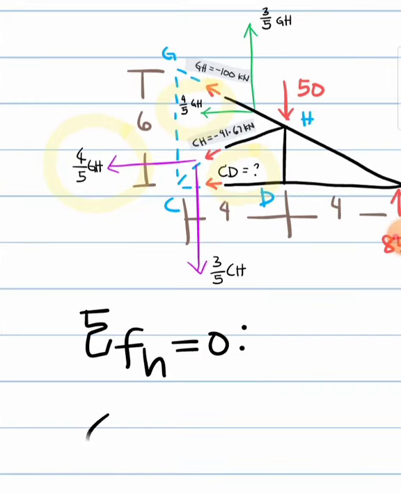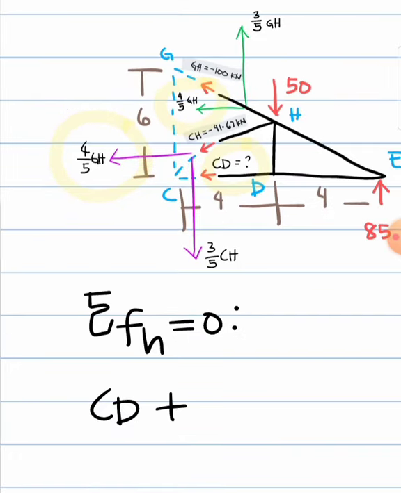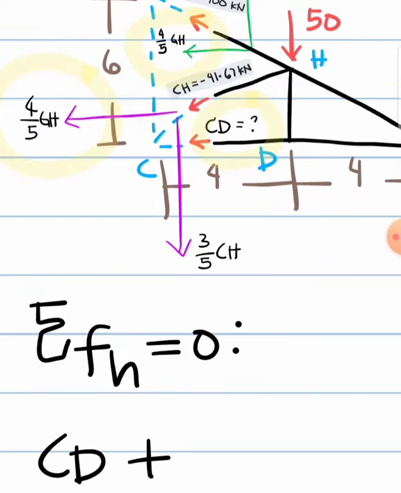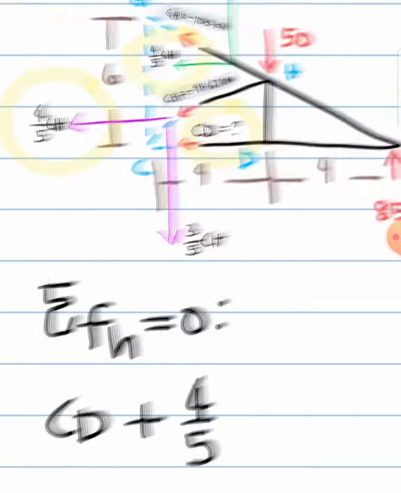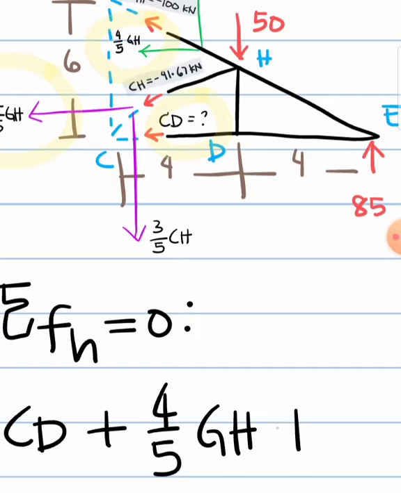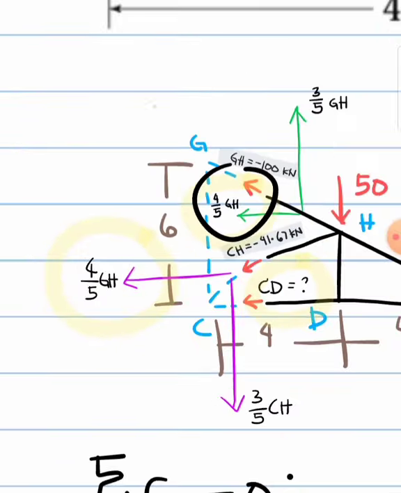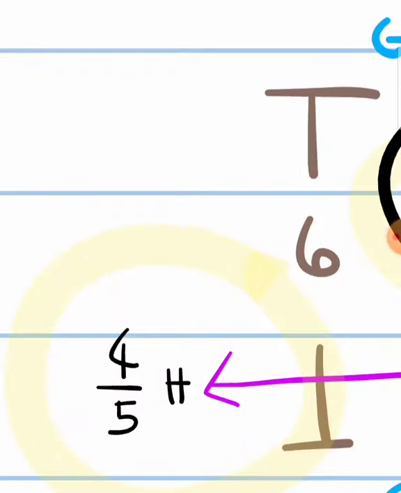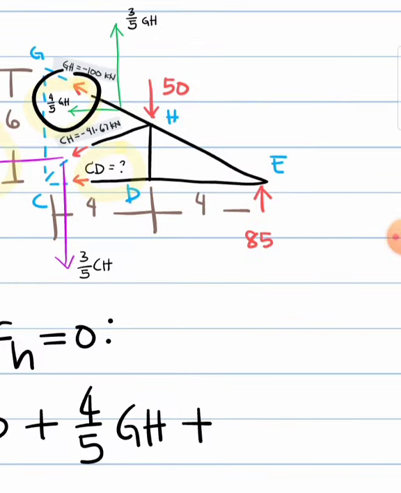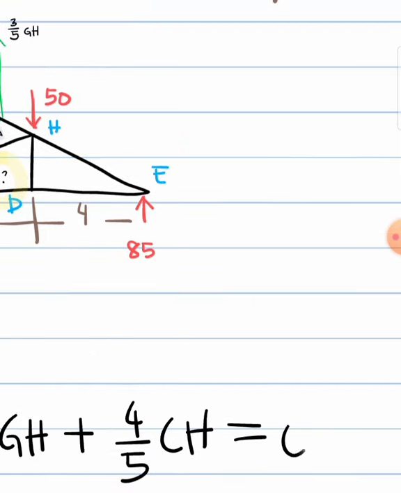Then we could say CD plus this 4/5 CH and 4/5 GH, then be equal to 0.